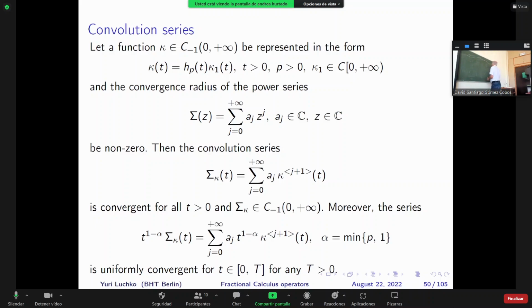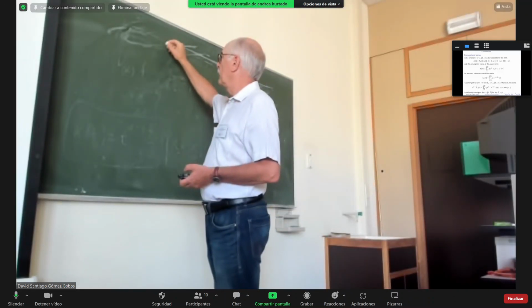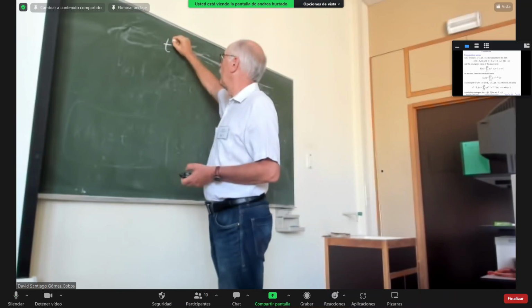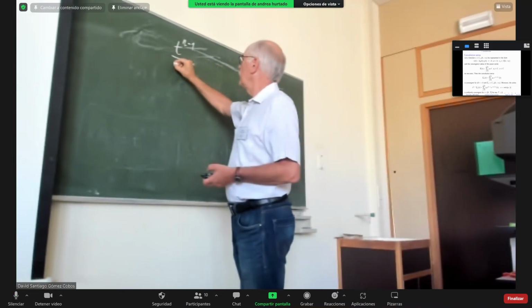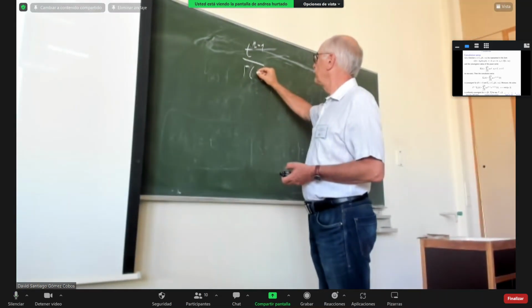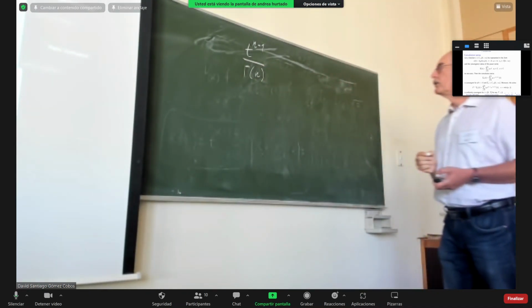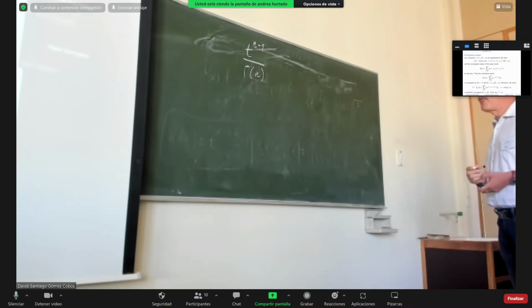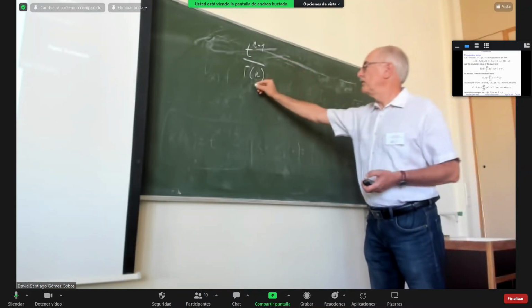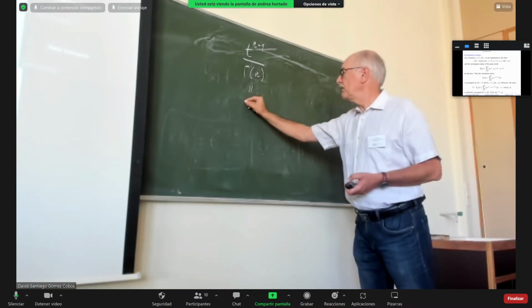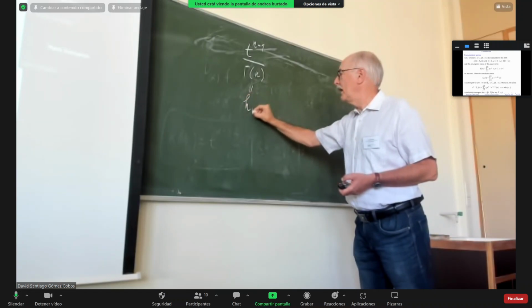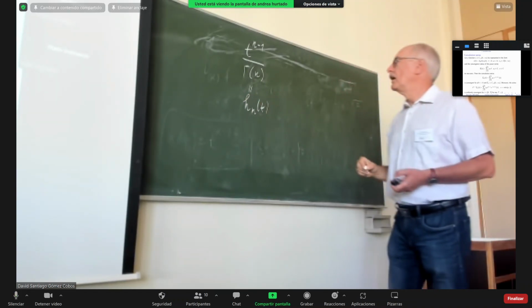And the idea behind this power series method is very simple, because if you have the standard power law function t to the power n minus 1, it's a function that we denoted by h_n of t.